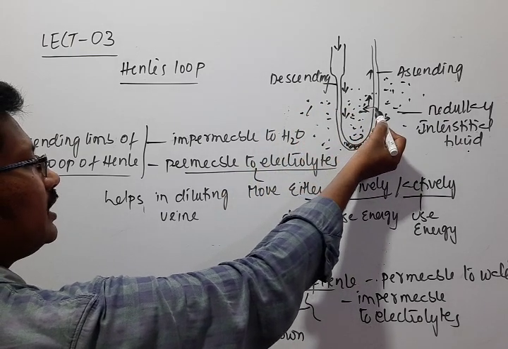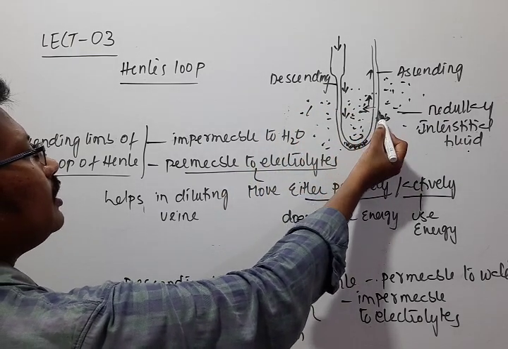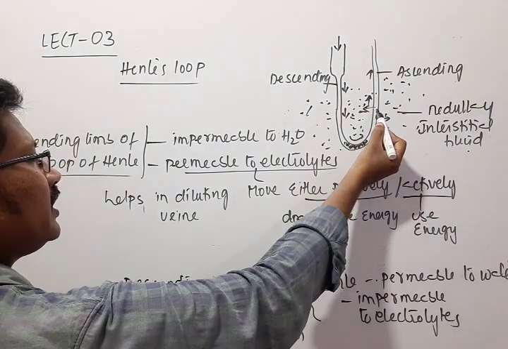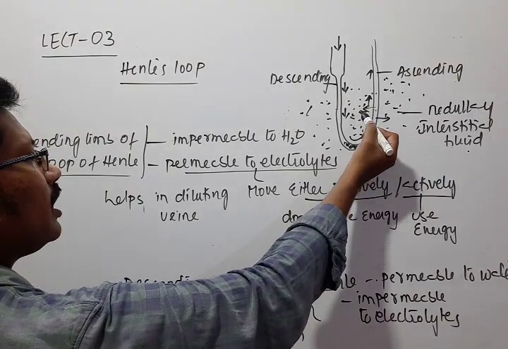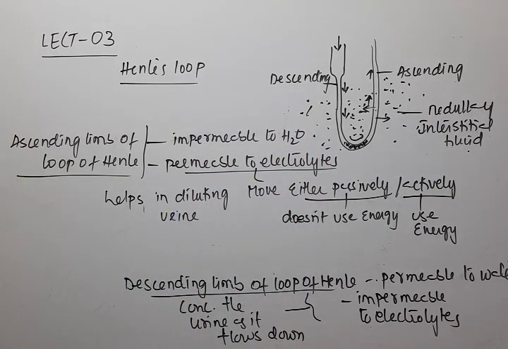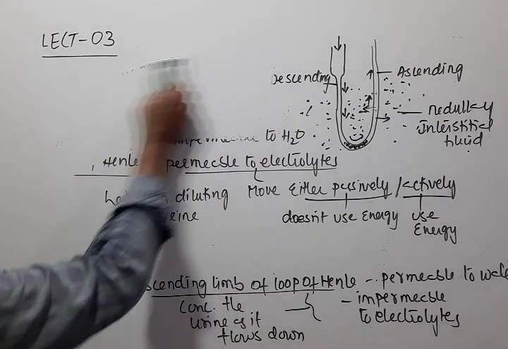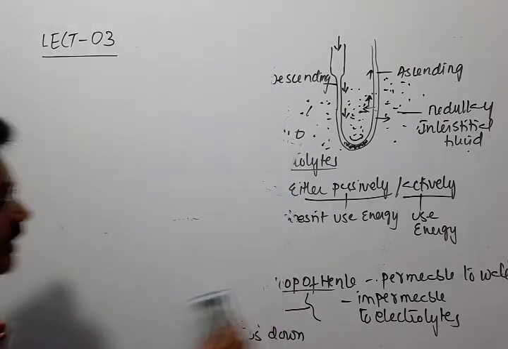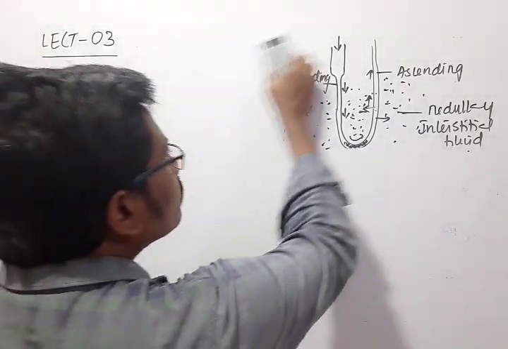When the electrolytes come out of the limb, it will be left with the water, and water cannot come out because the limb is impermeable to water. That's all about the functions of Henle's loop that has a descending limb and ascending limb. The next one we'll see is the DCT.